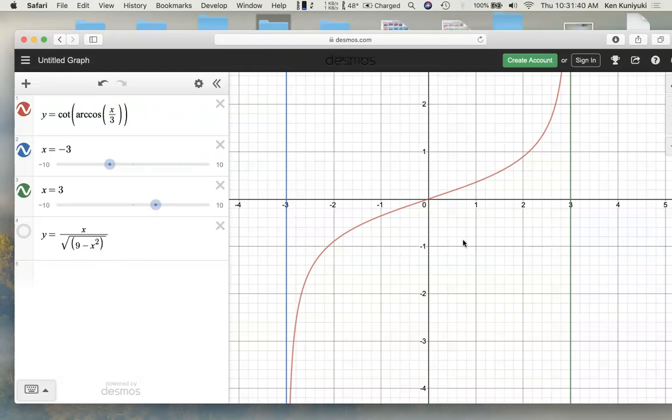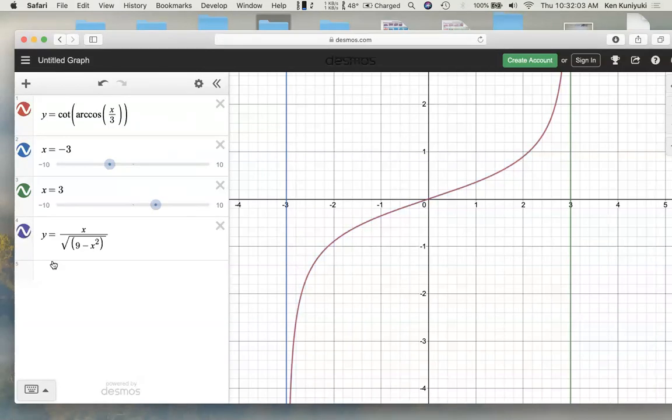That corresponds to the VAs at x equals -3 and x equals +3. Again, my overall claim is that this algebraic expression is equivalent to the given trig and inverse trig expression. Let's turn on the corresponding graph and see if this red graph just recolors.